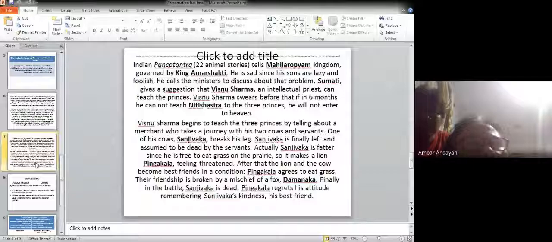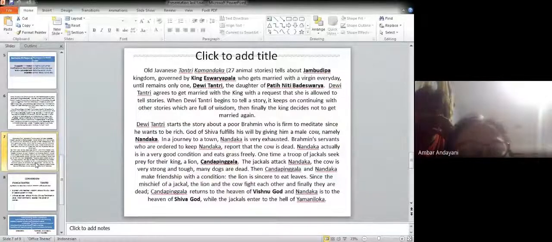As for the text of Tantri, there are many texts that came before it, because it is also concerned with the reign of kingdoms in Java before Islam came to Java and before the Majapahit kingdom.